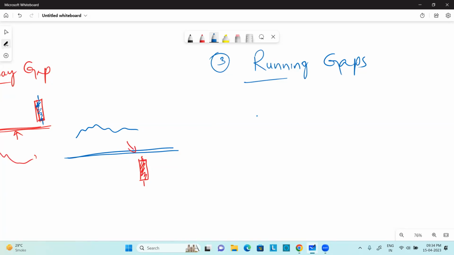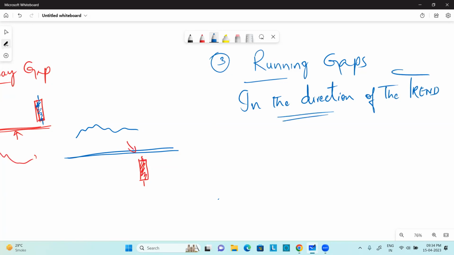Running gaps, वो क्या होता है ना, in the direction of the trend. ट्रेंड के डायरेक्शन में एक गैप खुलता है ना, उसको बोलेंगे रनिंग गैप्स. So it is already bullish, super bullish होता है ना stocks. So whenever it is super bullish, it will be opening gap up, gap up, gap up.